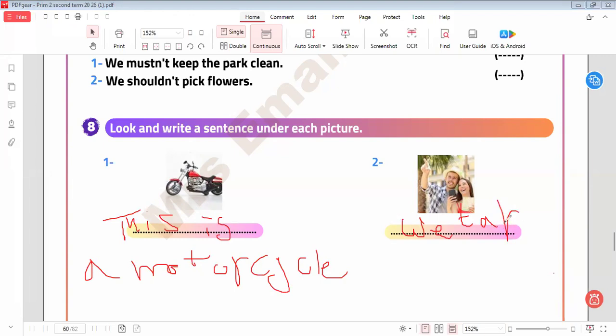Okay. We take a picture. So here, as we say in our lesson, we take a picture, not a photo. But the correct way is to say take a photo, not a picture. But here I write it as we have in your lesson. We take a picture. This is a motorcycle. Okay.